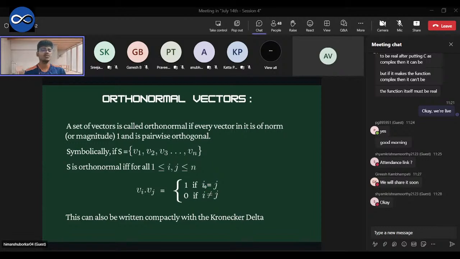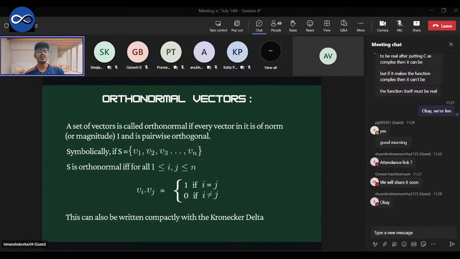And if i is not equal to j, let's say i is equal to 2 and j is equal to 3, in that case it's the dot product of v2 and v3. And we know in an orthonormal set, every vector is perpendicular to every other vector in the set.